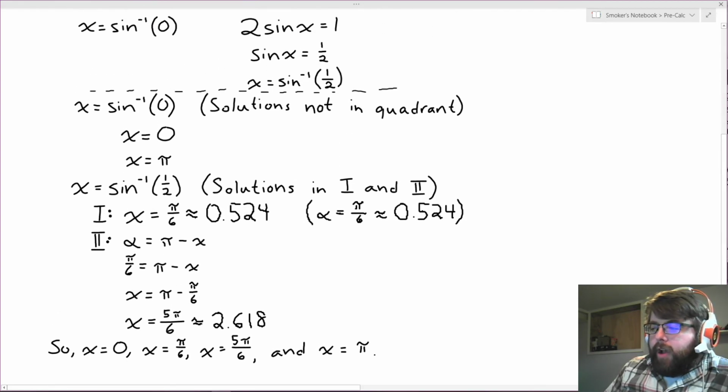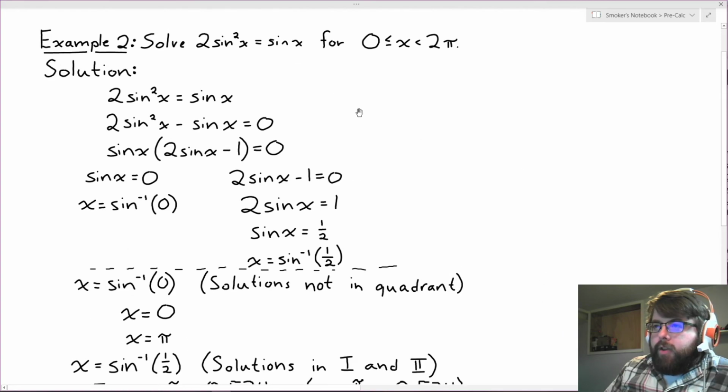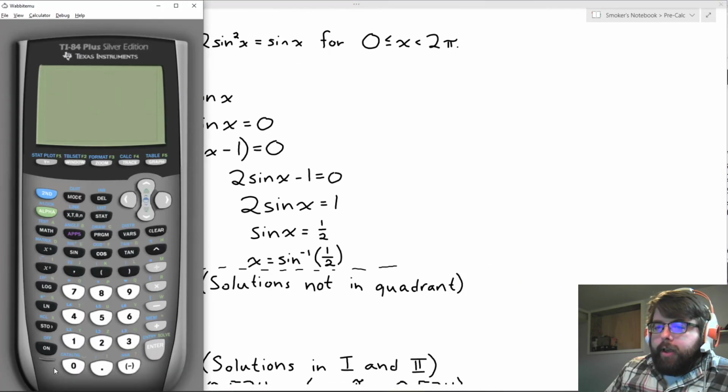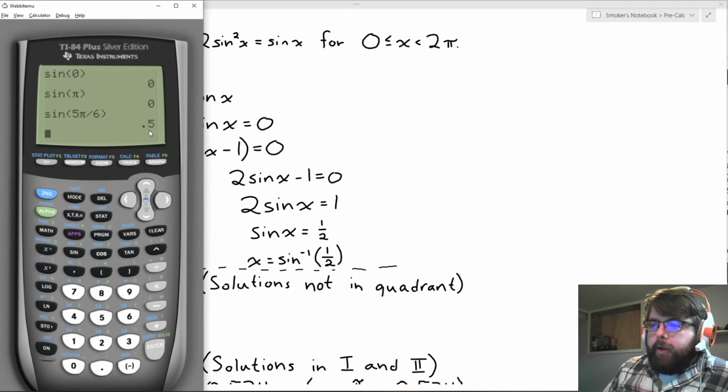To test these values, let's say 5 pi over 6, I should be able to plug it in. So I'm going to do sine of 5 pi divided by 6. I'm going to get some value, 0.5 actually, a clean 0.5.